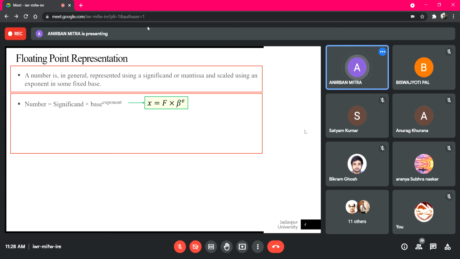Here f is the mantissa or significant, which can be positive or negative. This is basically a digit string, a string of digits of a given length in a given base. Now here I have mentioned given length, but if required, this length can go up to infinity. It can be of infinite length.